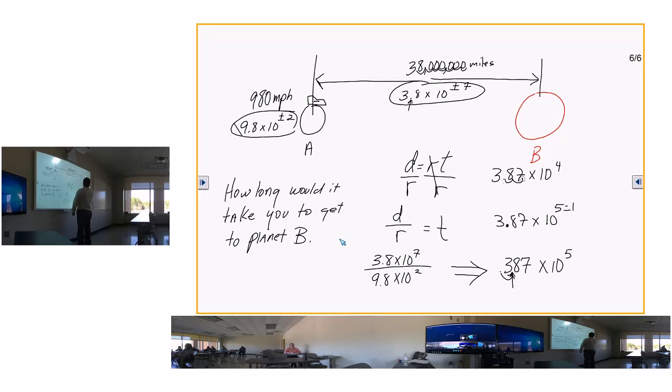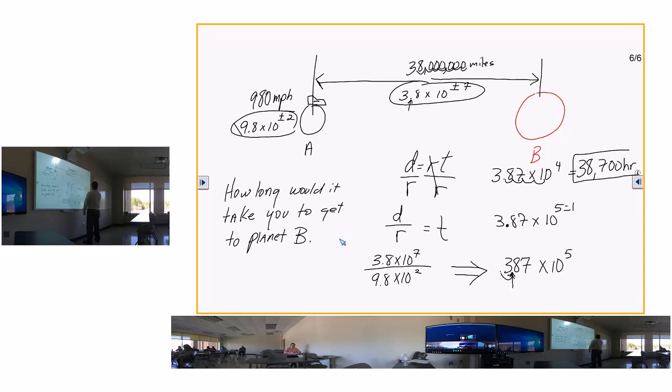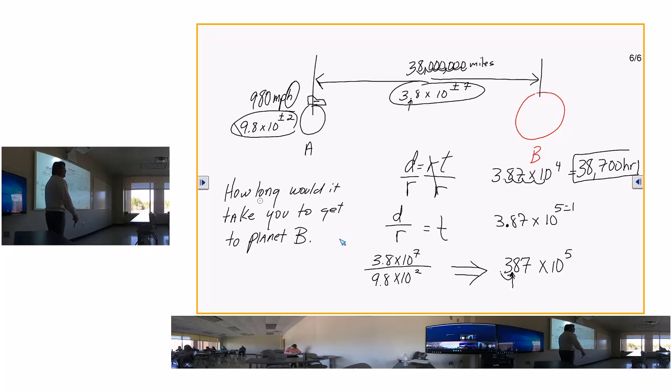Anyway, so I'm going to change it. 1, 2, 3, 4. So it's going to take 38,700 hours. 38,700 hours. How do I know it's hours? Because miles per what? Per hour. Now, the question may ask, how many days is that? Well, you take that divided by what? 24.